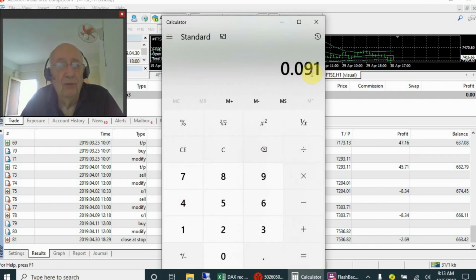That gives us a 9% growth average for a month. That is very high. I'm actually quite surprised. But yes, the Bollinger Band, because it's a high frequency trader, you will be getting a much higher return.